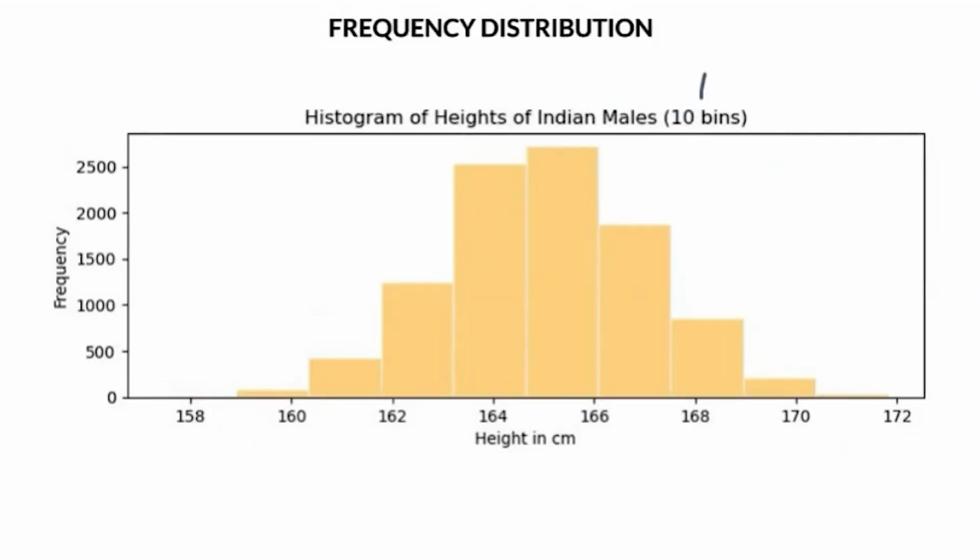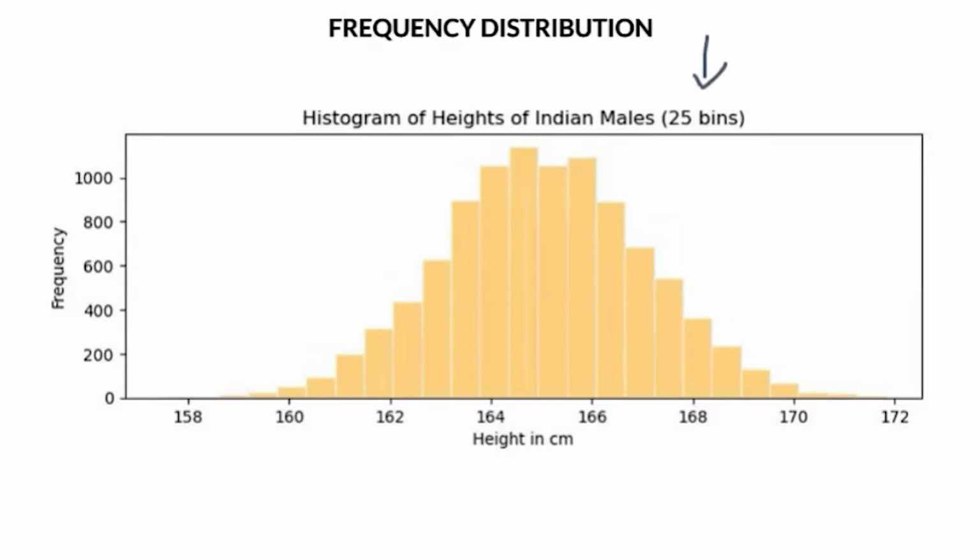Now I have used 10 brackets or bins to visualize those 10,000 heights. Immediately I can see a slightly better pattern. You can even try to join the midpoints of these bars, and you will get a very interesting pattern. Many of you may have seen this shape before. Slowly you will see the shape being formed.